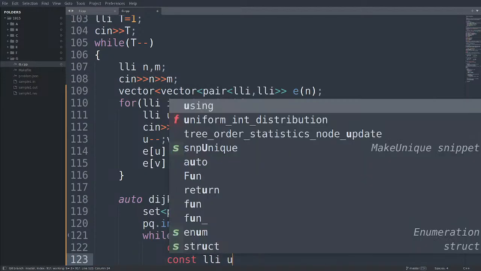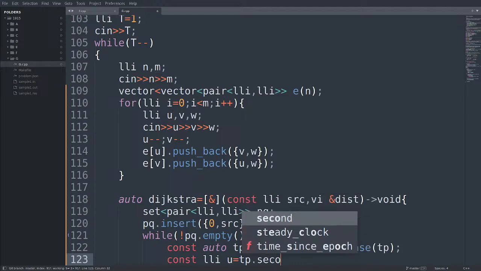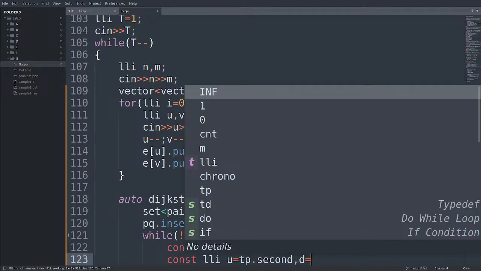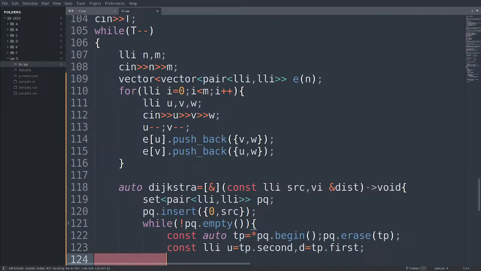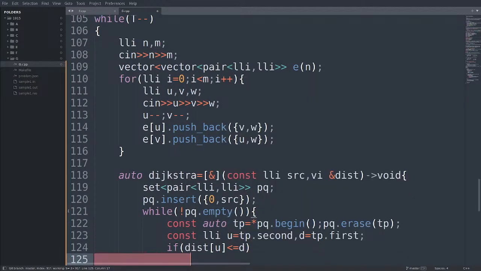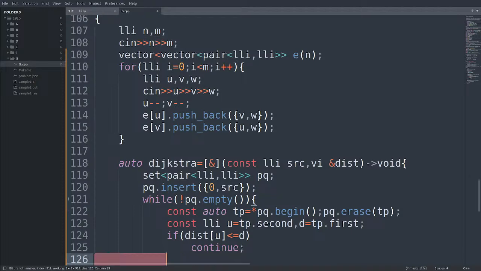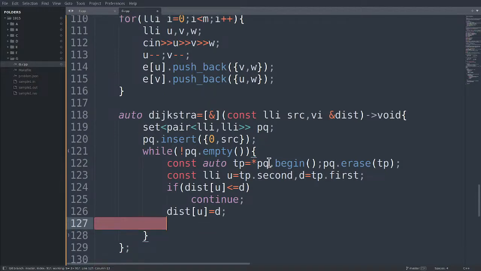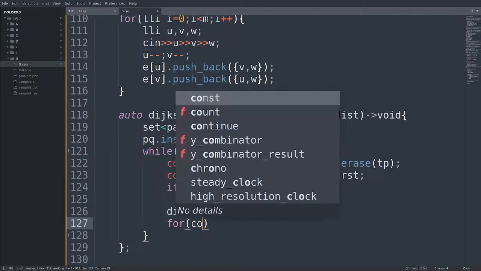Now here the node is used, and if the distance we have found so far is less than our current distance, we skip it, otherwise we have found a new shortest path. And now we should also add the other node.